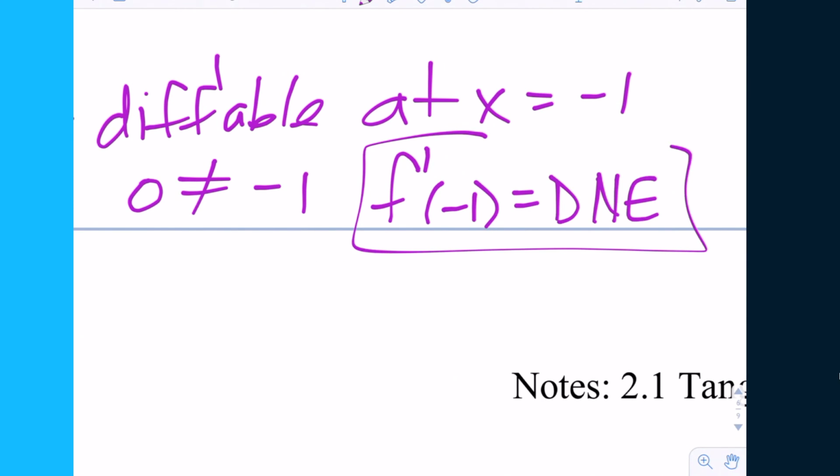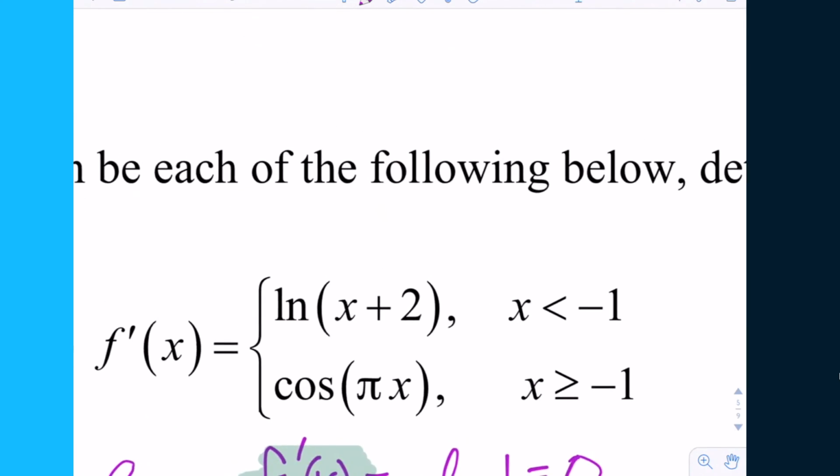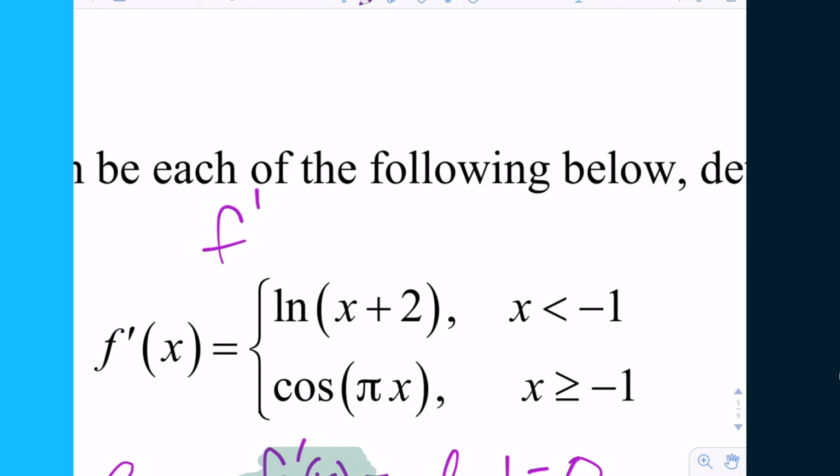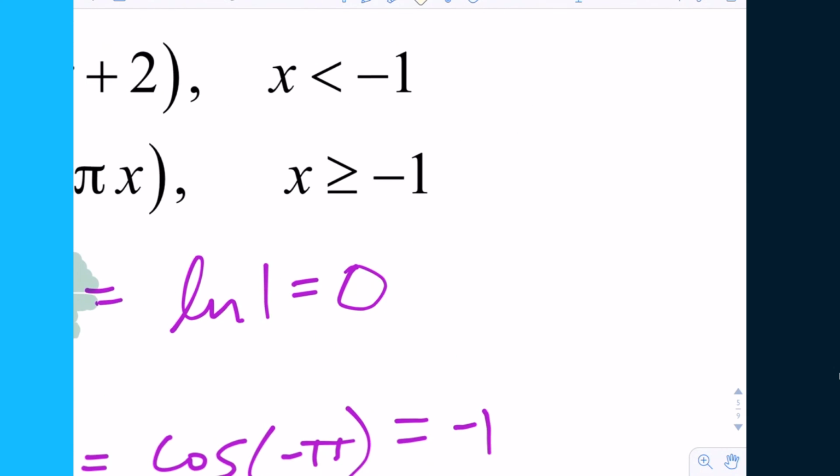D and E, right? Remember? A function is going to be differentiable over the domain of its f prime function. And if I didn't have you test and I just said, based upon this piecewise definition, what is f prime of -1? You might tell me it's what? Oh, there's where it's equal. I'll plug it into the bottom and get cosine of -pi, which is -1. Does f prime of -1 equal -1? No. So what's wrong with this?